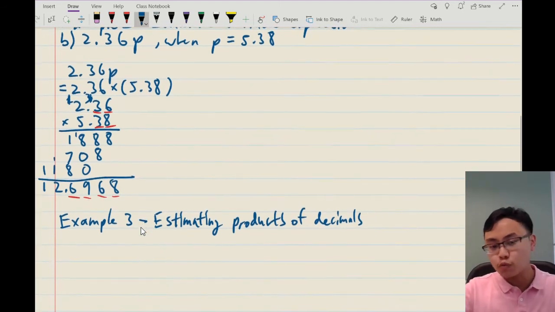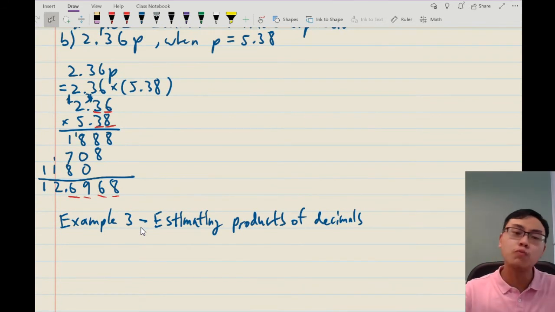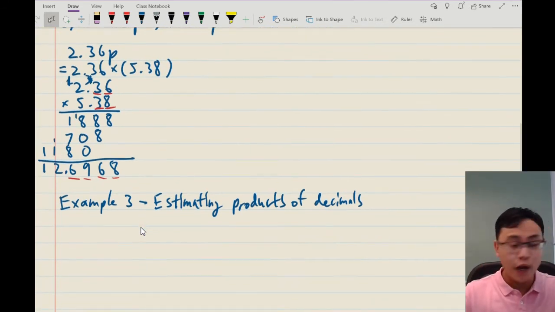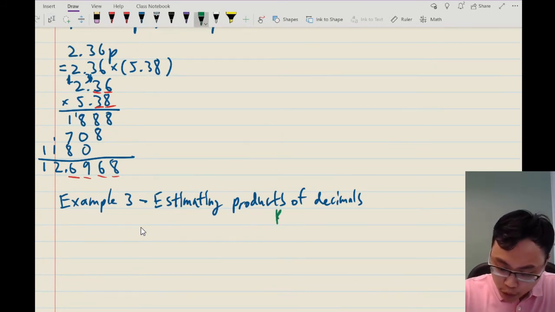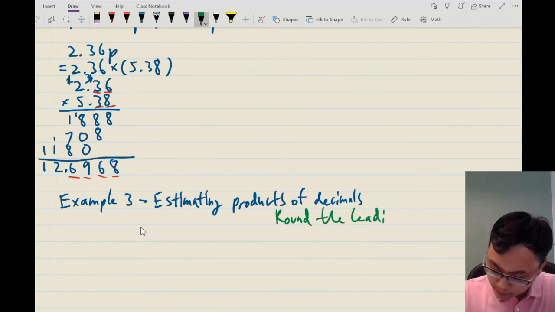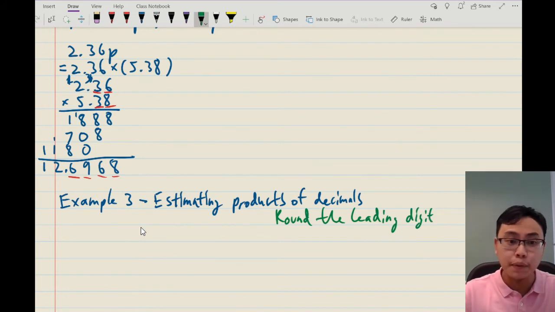So we're not going to worry about the decimals, we're only worried about the first digit. So we're going to round the leading digit, or in other words, the largest place value, the greatest place value. We're going to round to that largest place value, and then we're going to multiply.